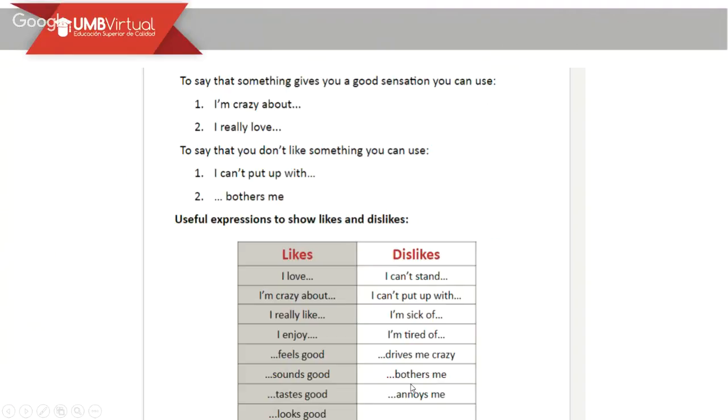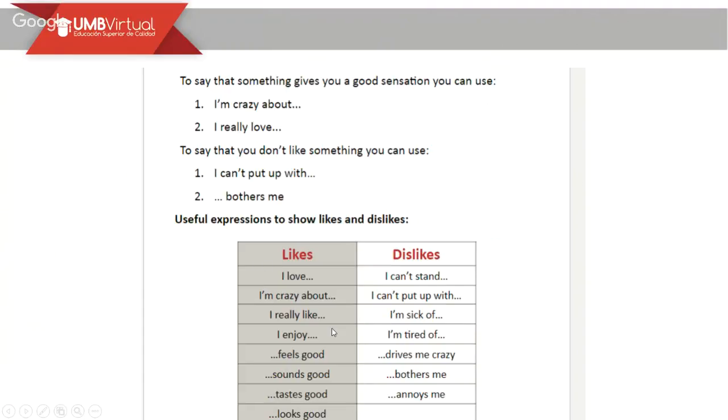Bothers me, referring to when someone does something you don't like. For example, listening to loud music bothers me. I'm tired of practicing volleyball. I'm sick of delinquents in Bogota, right?